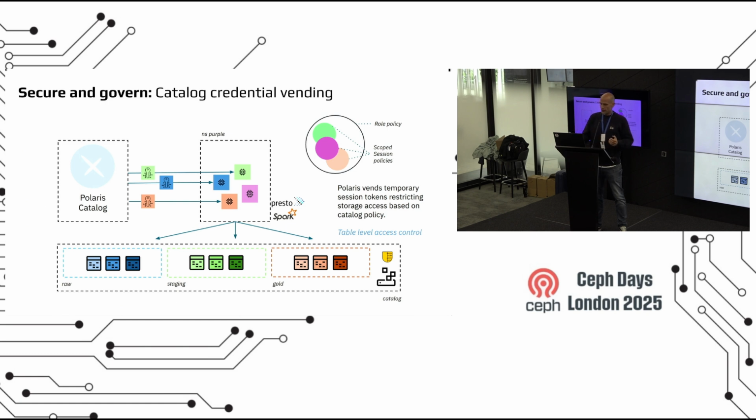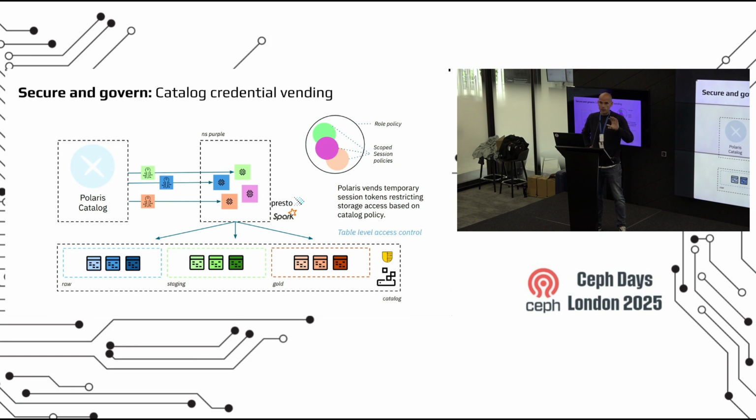And then how that goes is that, for example, in the namespace purple, if you spin up a Spark job, it could be Presto, any other job, it's going to authenticate against Polaris, and Polaris is going to send back a credential token, an STS, a temporary credential token that is scoped only to access the table that that user has permissions to.